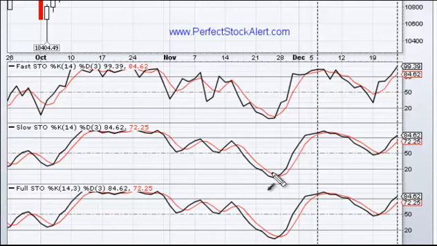Regarding altering the settings, like I said, Mr. Lane created it with the 14 look back period, and that to me is good enough. I mean, he knew what he was doing. He invented it, and if I can't get a signal, I'll simply find another chart that gives me a better signal. So what you need to know about changing these settings here: if you change the 14 look back period to like a 20 or something like that, you'll get fewer signals, which means it won't be as volatile.